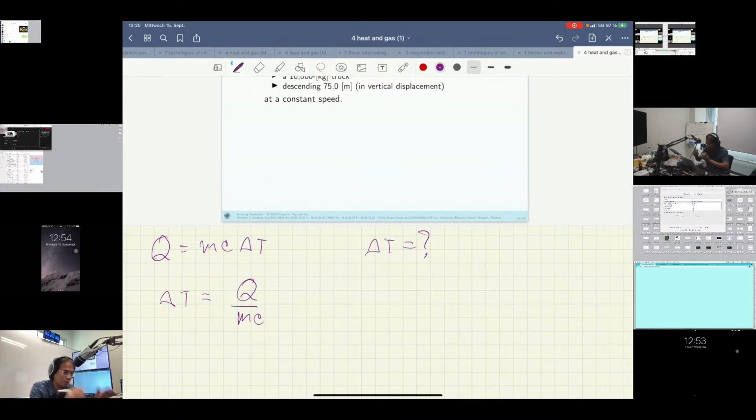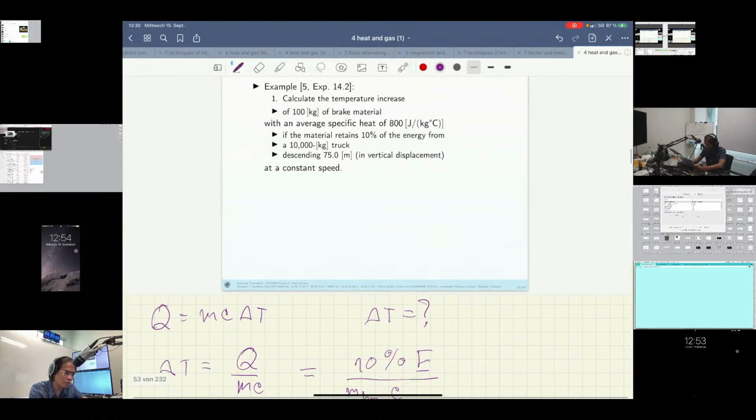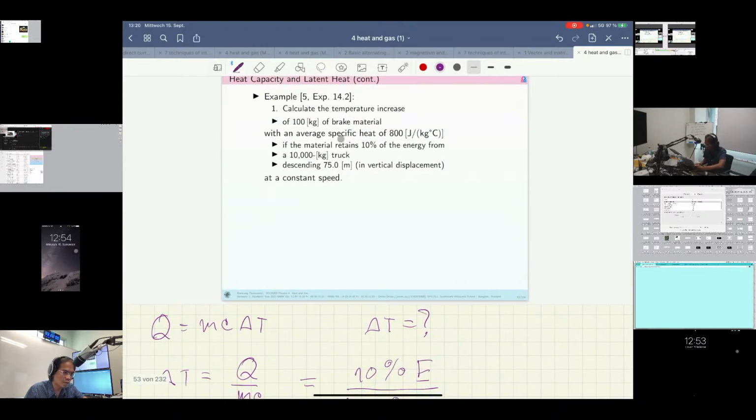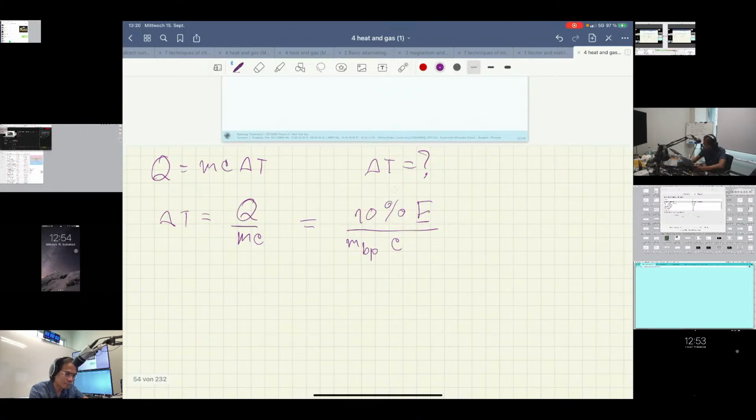Q in this case will be 10% of the potential energy of the truck. m is the mass of the brake pad, I would say BP. And c is the specific heat value for the brake material, the brake pad.